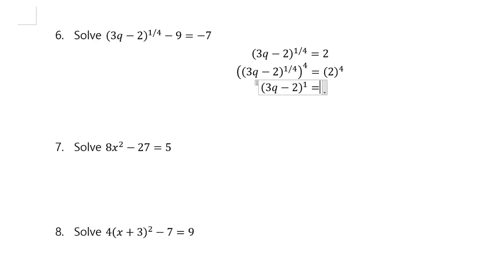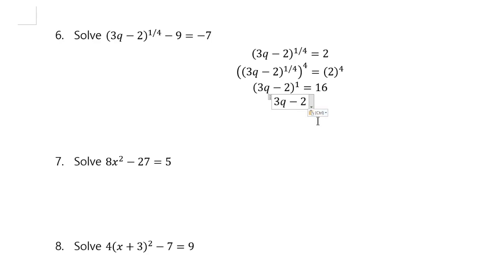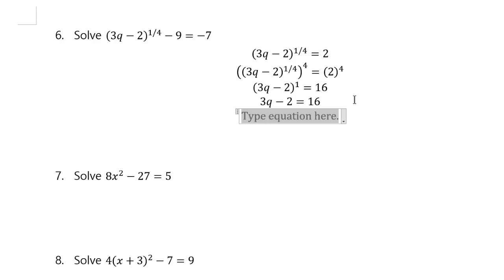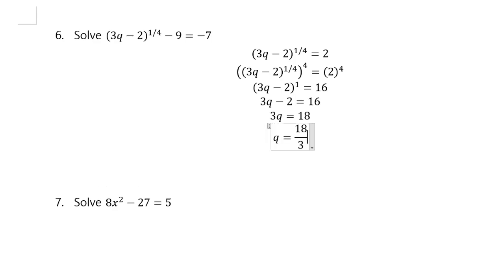And then the right side is 16. 2 to the 4th power is 16, because 2 times 2 times 2 times 2 is 16. And then taking the 1st power doesn't do anything. Anything to the 1st power is itself, so you just have 3q minus 2 equals 16. Add 2 to both sides, and you can divide by 3. So 18 divided by 3 is equal to 6. So that's how it works.